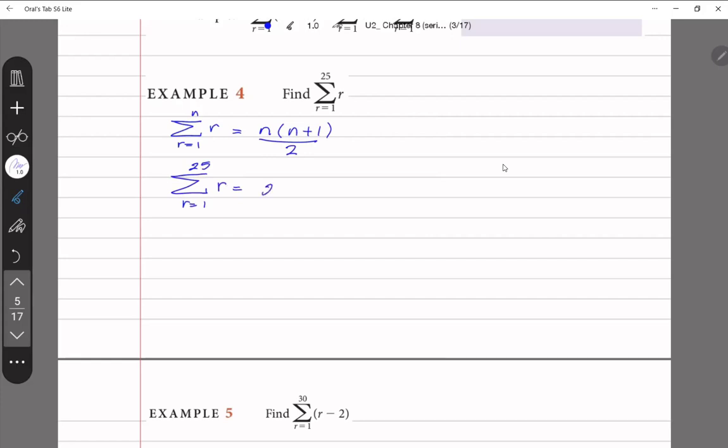So this would be 25 into 25 plus 1 all over 2, so 25 times 26 over 2. 2 into 26 is 13, so this would be 25 times 13, which I think is 325.